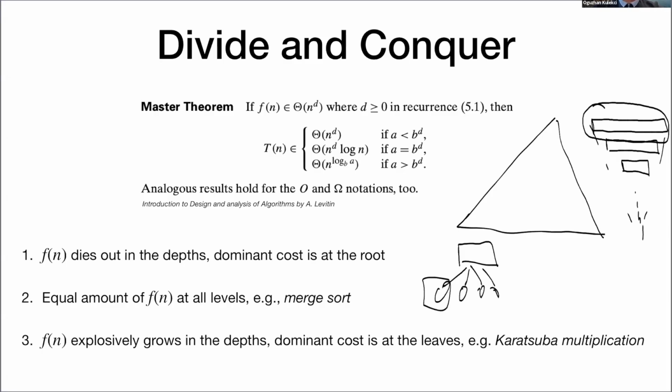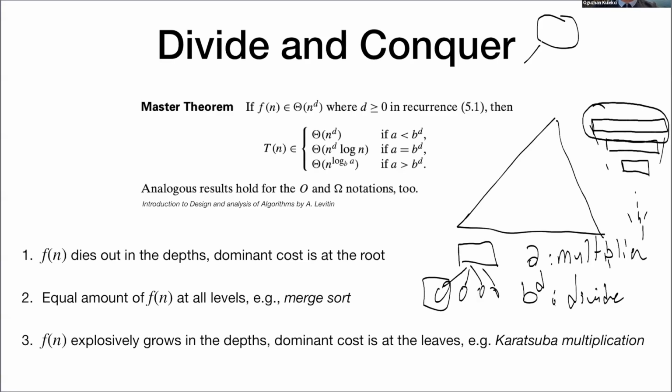You can say that a, the branching factor, is a multiplier, and b to the d is a divider. So there is some work.